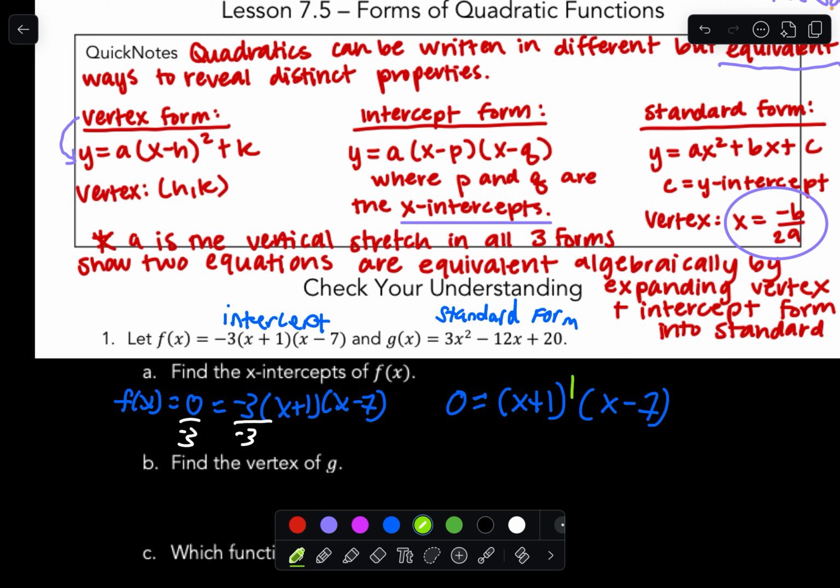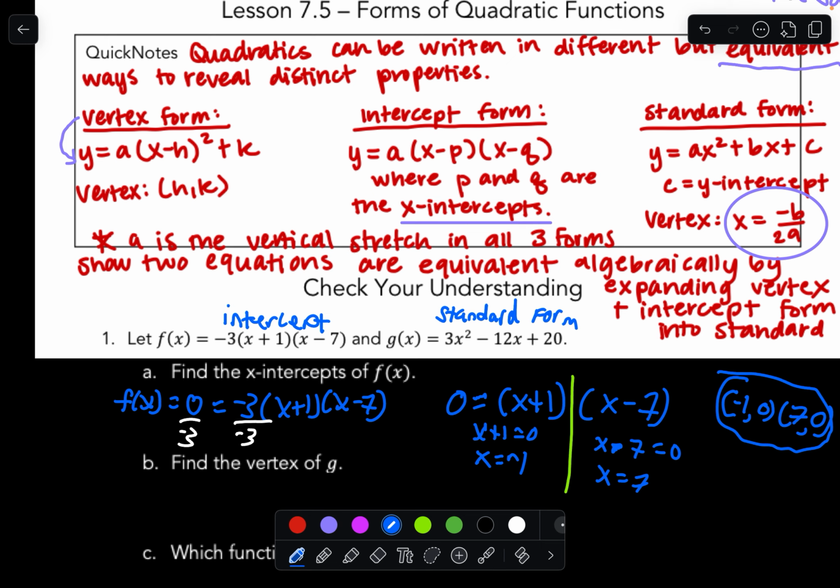What's nice about this is that the only way this can be true is if either factor, the x plus 1 or the x minus 7, is equal to 0. So x plus 1 equal to 0 says x equals negative 1. X minus 7 equal to 0 means x equals 7. So our x-intercepts are negative 1 and 7, and written as an ordered pair, it would look something like this. All right? So those are our x-intercepts.